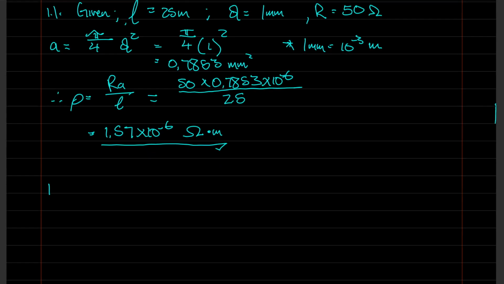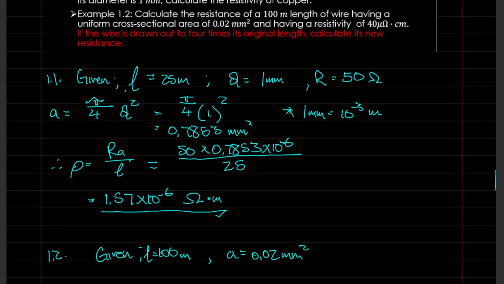All right, for 1.2, what we are given is a 100 meters of length, right? And we are given an area of 0.02 millimeters squared, I think.